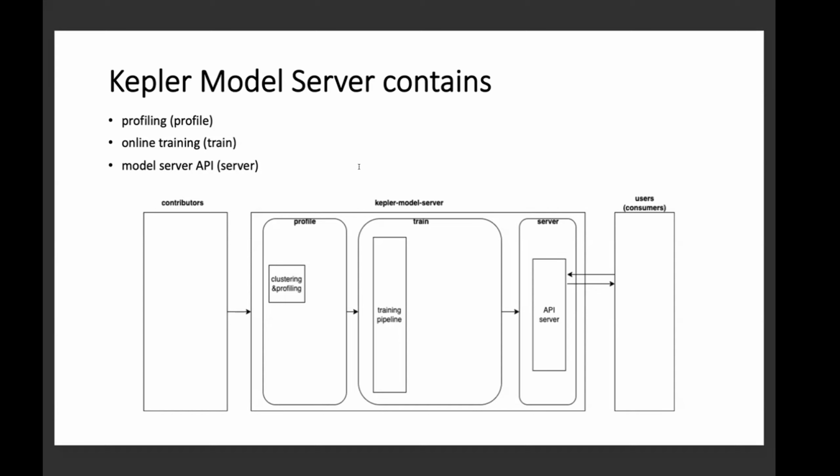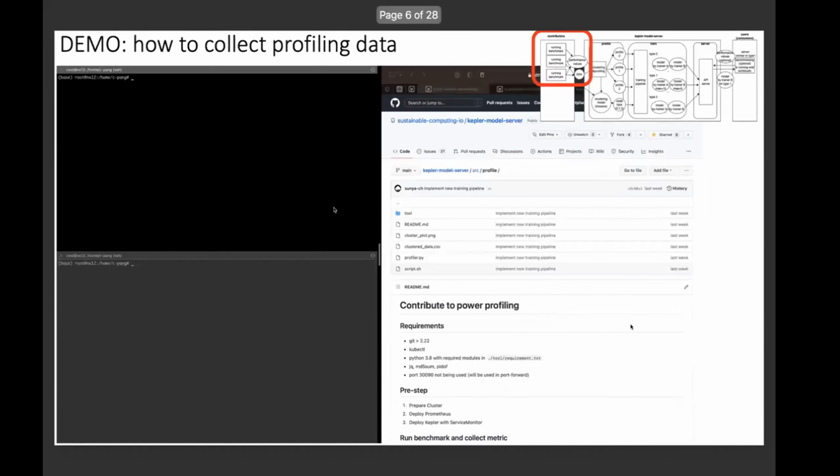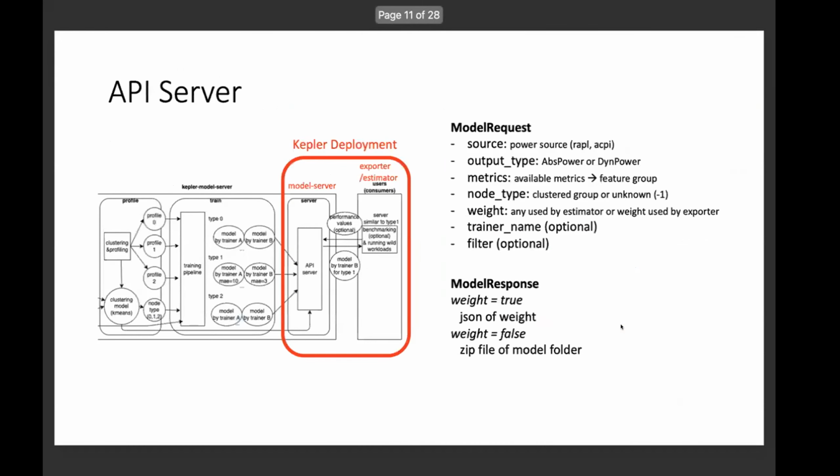Is this the repository, or is this a project inside their organization? But what is deployed into their cluster is only this part and the Kepler, which I can show quickly at the end. This is what is deployed in Kepler, and this is what we usually call the Kepler model server in the operator.